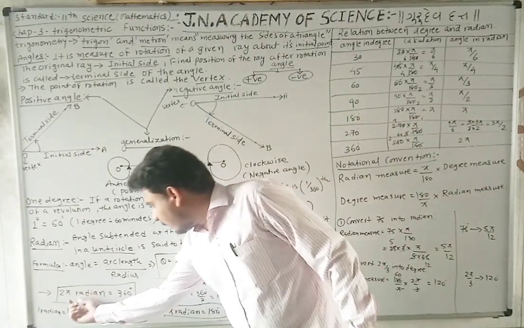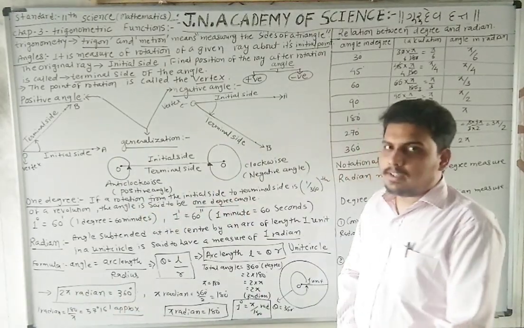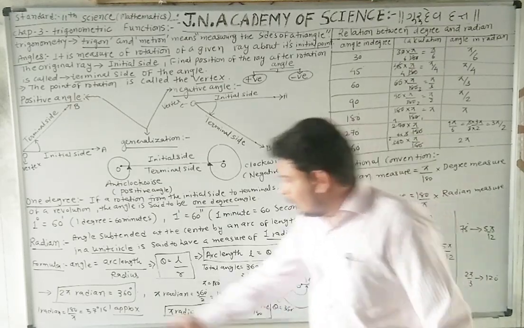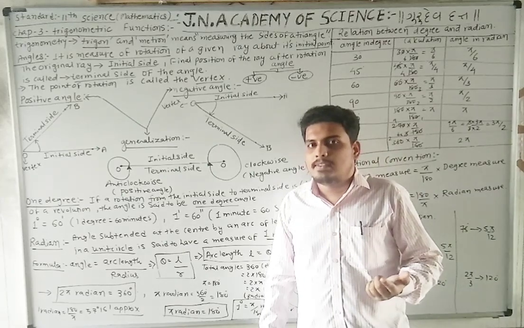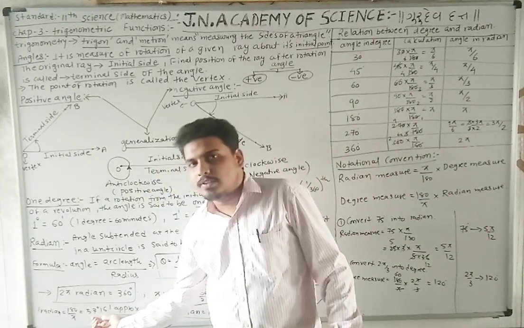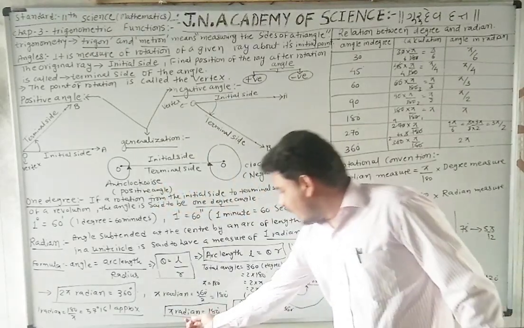Remember that 2 pi radian is equal to 360 degrees, from the definition of 1 degree. So 1 degree is 180 divided by pi, approximately 57 degrees 16 minutes. Now, what do pi radians mean?